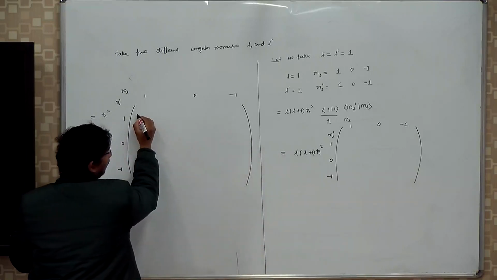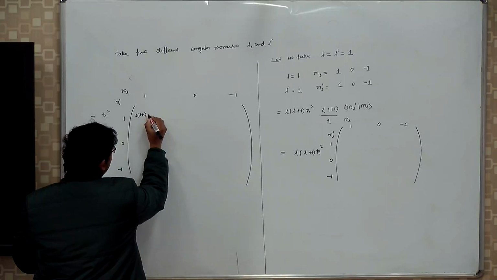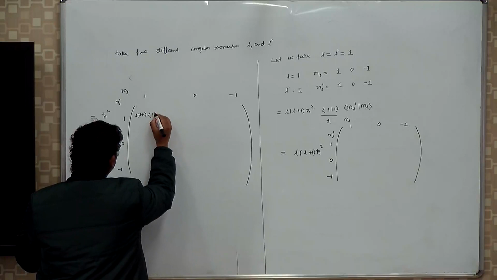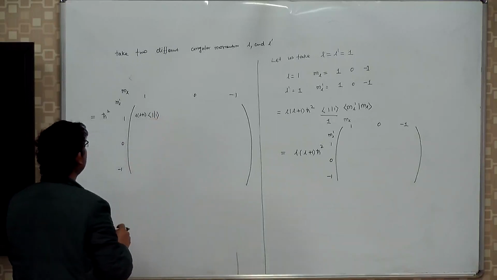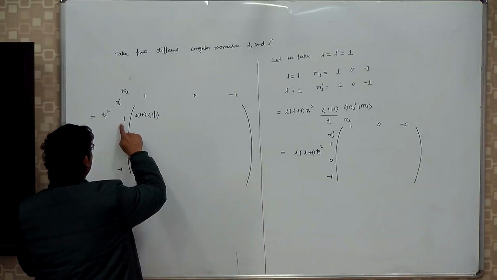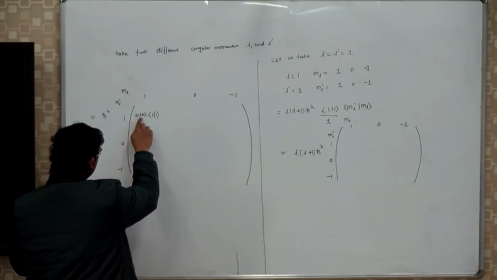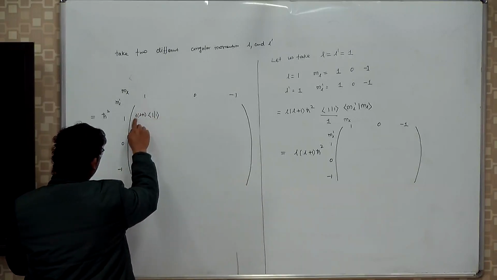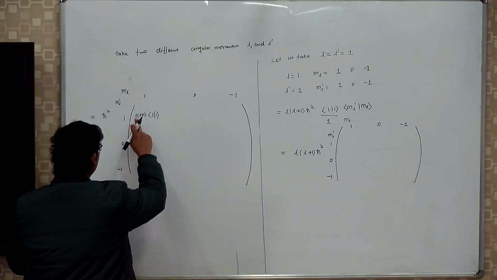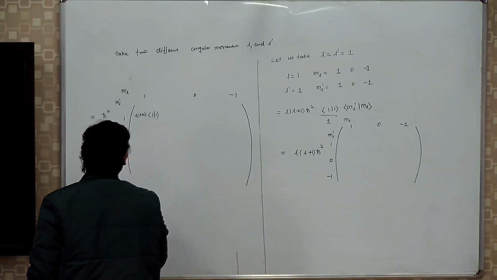Put these values here: L into L plus 1 times the inner product between M L dash and M L. As M L dash is 1 and M L is 1, the inner product between 1 and 1, and L into L plus 1, if you put the value of L equal to 1 here, we will get 2. This entry will be 2.